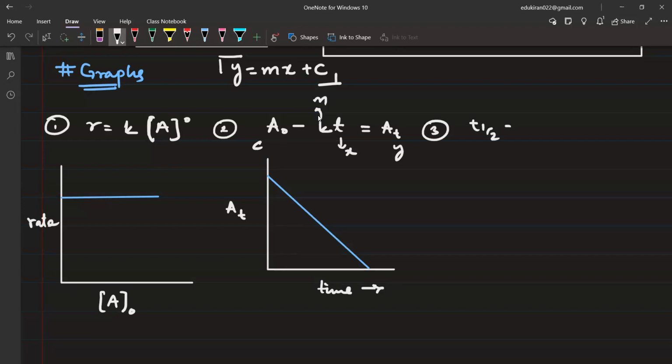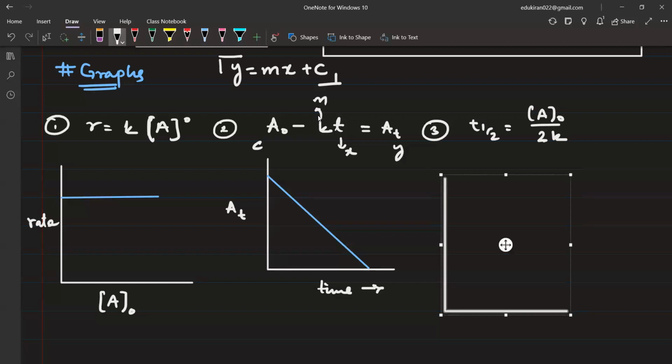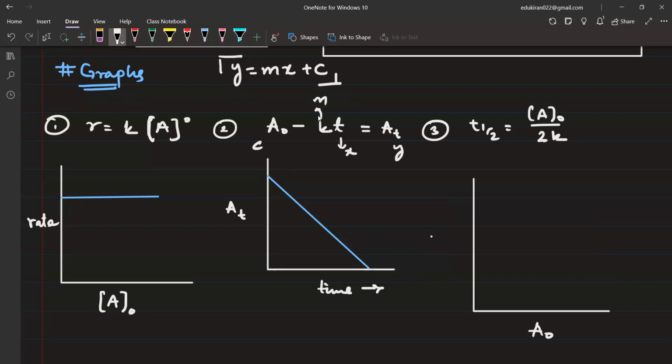Now we have t half, which is equal to a naught by 2k. Now if I make a graph of a naught, the initial concentration, and t half, then what is going to happen? This is y, and what is x? This is your x.